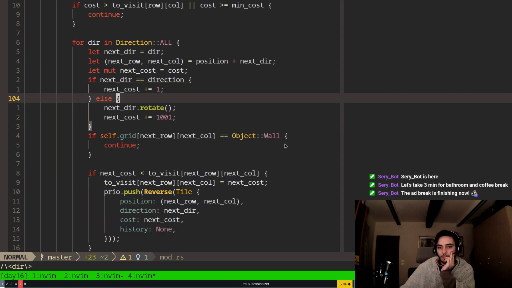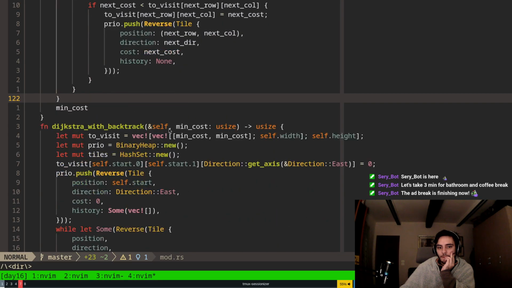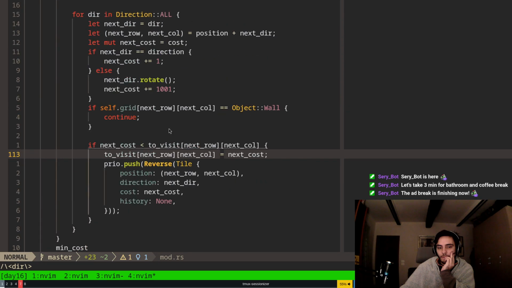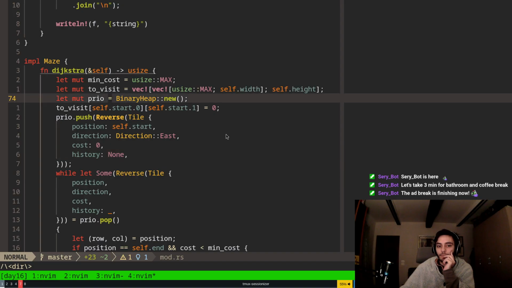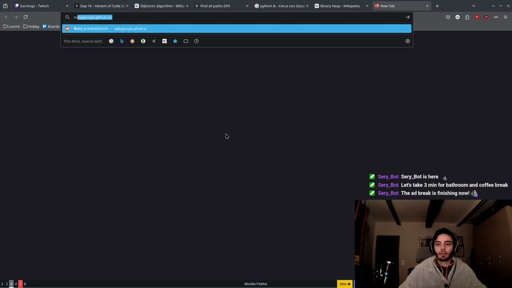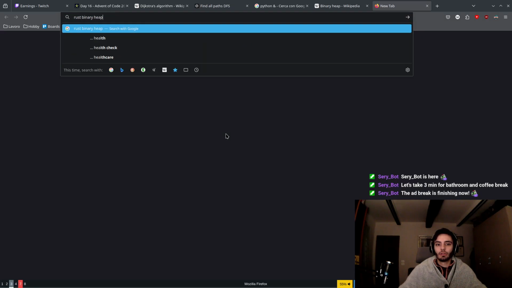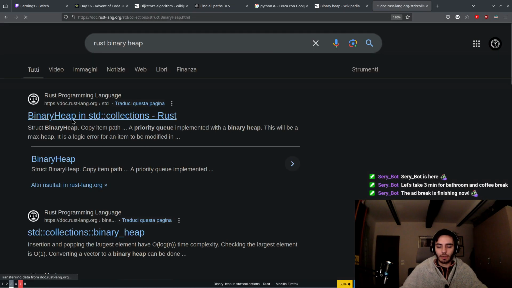If self.grid object, continue. Okay, so this would work how I feel. Like the only big difference is that he's using a binary heap, a Rust binary heap. Honestly, this doesn't cost me much to try.